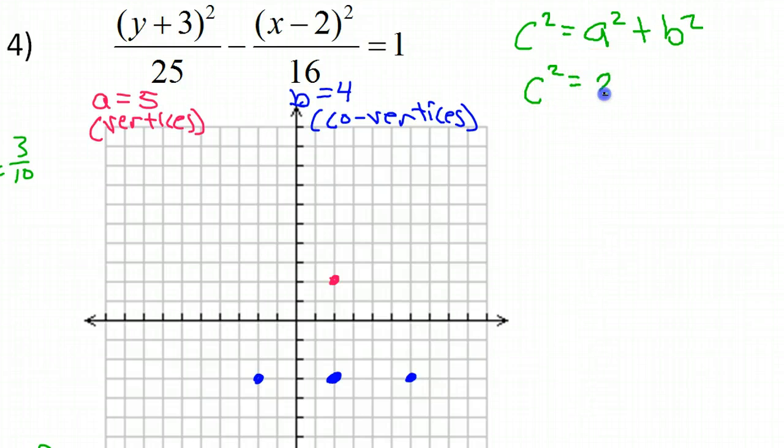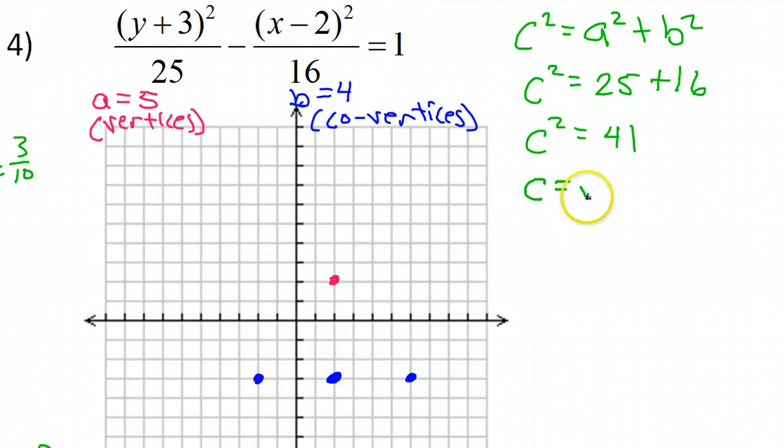C squared is equal to 25 plus 16, a squared plus b squared. C squared is equal to 41, which means c is equal to the square root of 41, which is approximately equal to 6.4.